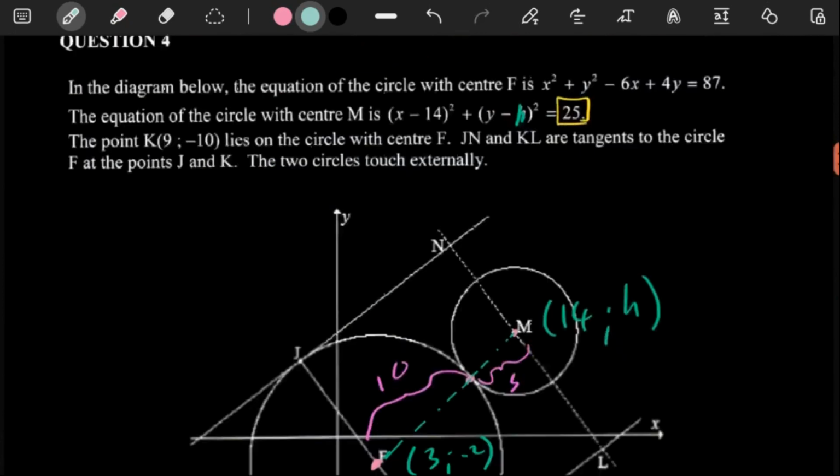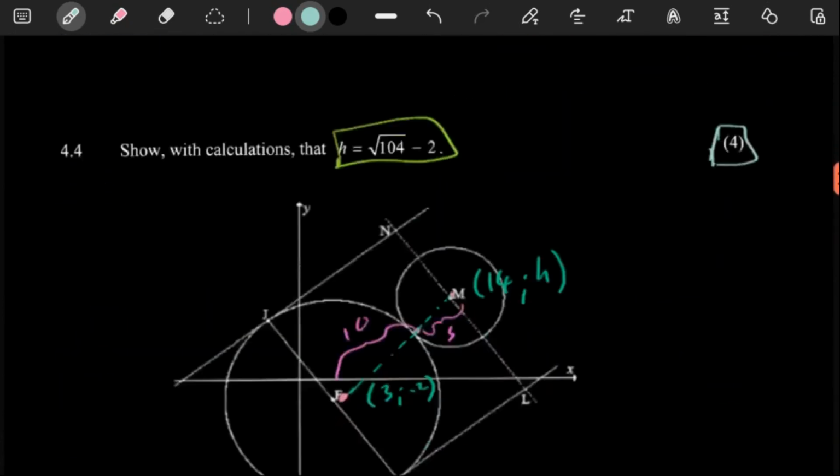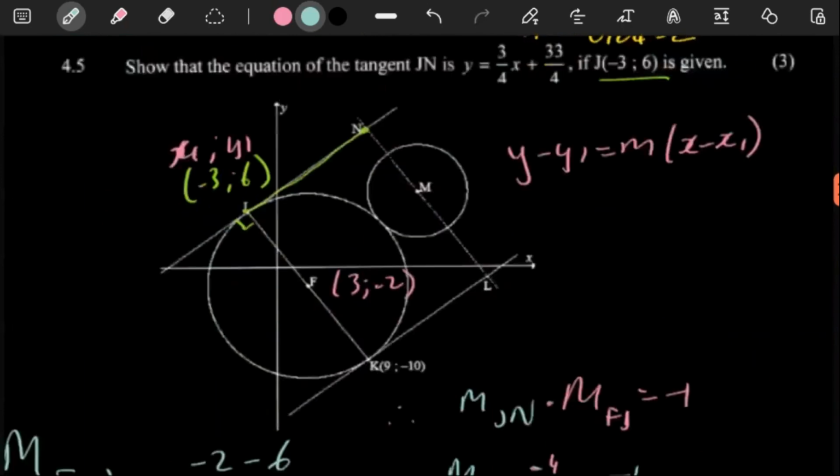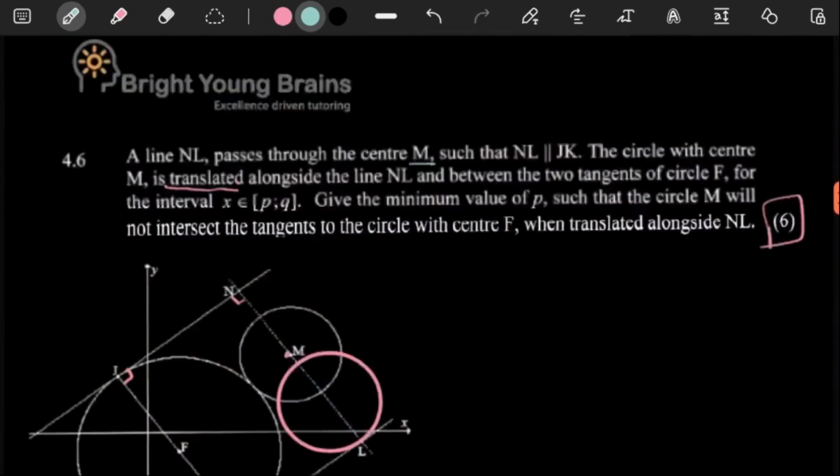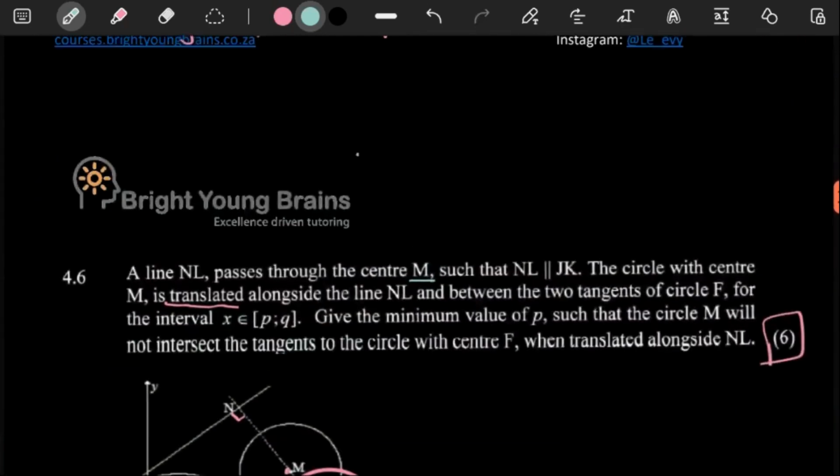Yeah, that other number there, the 100 and whatever. So let's start there. M is like 14, and then square root of 104 minus 2. So this is the x and y value of the center, right?